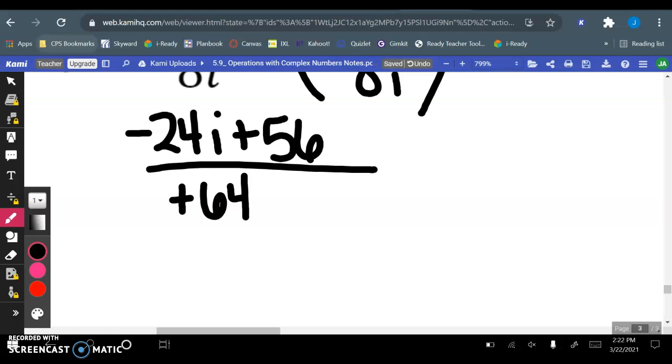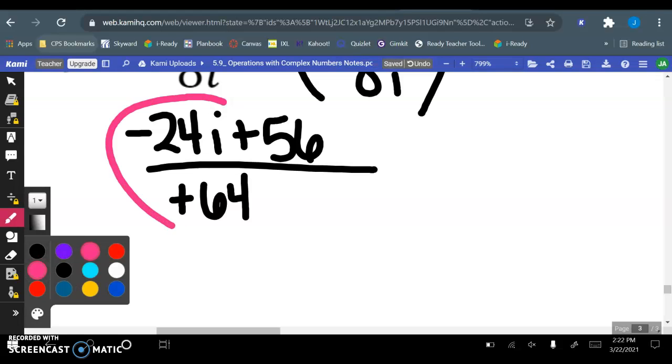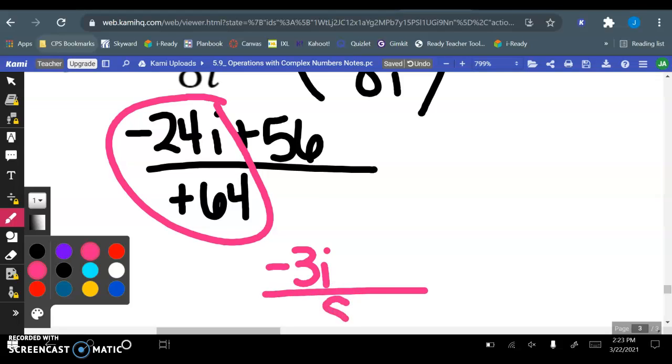Now we have to treat this like two different fractions. So I'm going to look at the first ones, 24 and 64, both can be divided by 8. So negative 24 divided by 8 is negative 3 with the i, and the 64 divided by 8 is 8. Then I'm going to reduce the back fraction, which is 56 over 64, and that also can be divided by 8. So the 64 divided by 8 is 8.